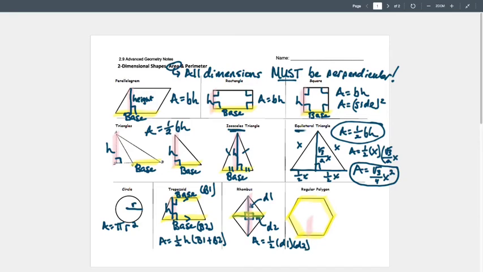Notice there is no plus sign right there. That's all multiplication. And again, the things that you multiply together have to be perpendicular. We talked earlier about how a square is also a rhombus. So remember, a square also has perpendicular diagonals, so it could also use that formula, 1/2 diagonal 1 times diagonal 2, if you wanted to.